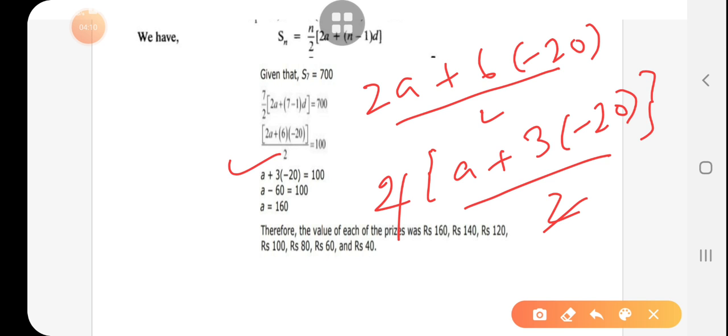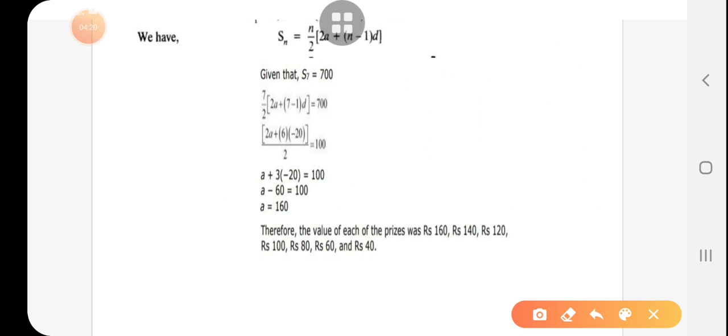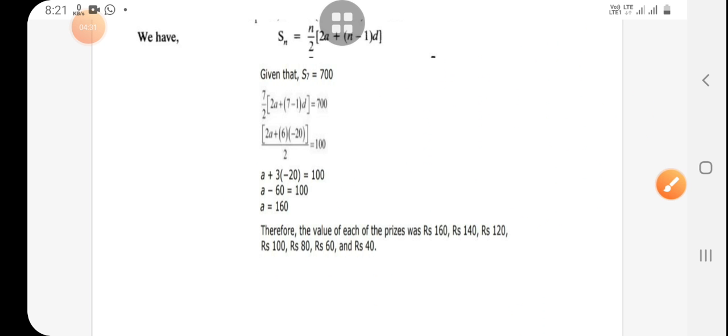After multiplication you get A minus 60 is equal to 100. Now transpose it from left to right, it will be 160. So the first prize will be 160. Similarly the second prize will be 20 less, so it will be 140. Similarly 120, and so on. These are the prize values, and this is the answer of this question.